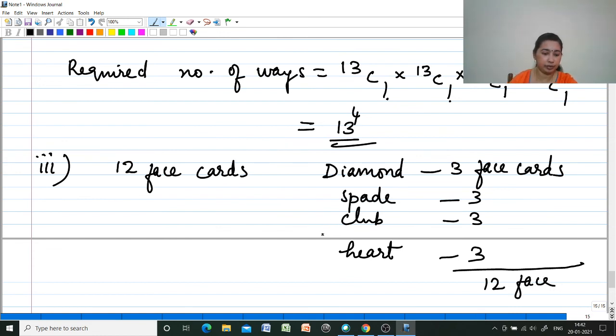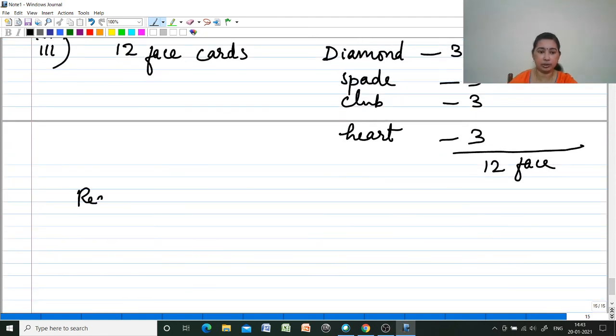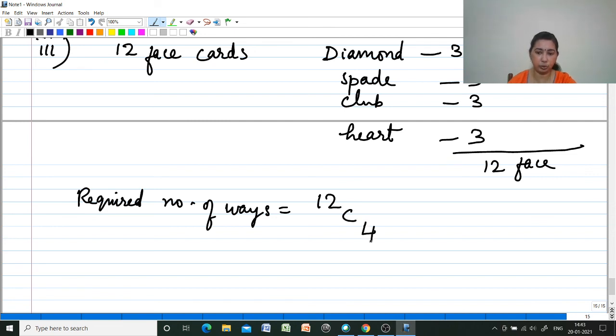Then out of this they are asking 4 cards to be chosen. How many ways can we select? So required number of ways is equal to, from 12 we are selecting 4.